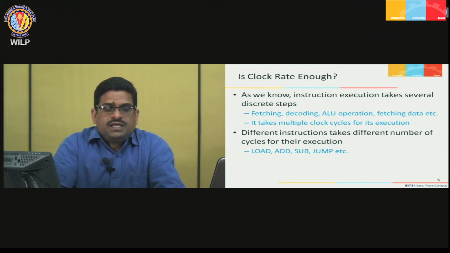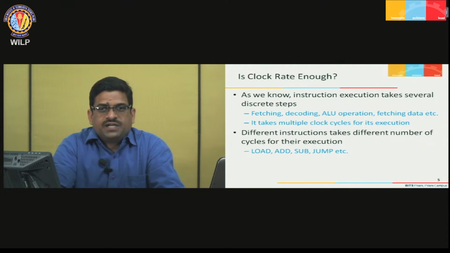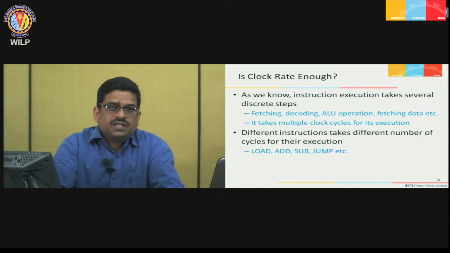So, what I mean to say here is that simple speed is not enough. Suppose on one machine I am running a program with one set of instructions, and on another machine I am running a program with a different set of instructions. Even if the ISA is the same for both machines, one machine may be faster than the other because of the different programs I am running, and different programs use different sets of instructions.